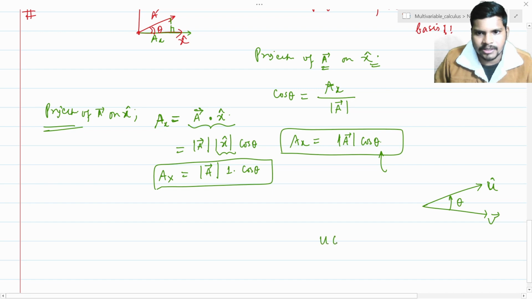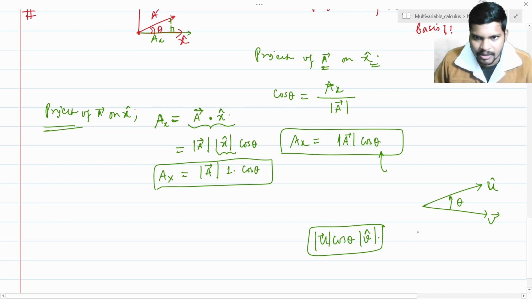I can simply say u cos theta times v hat. It might not be possible that for an arbitrary vector the magnitude of v is going to be 1, but for x hat it's always going to be 1. In this way we can take a projection of any vector onto another vector. This is again a most important part.